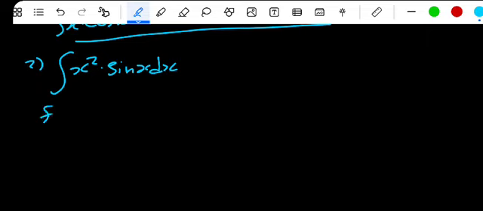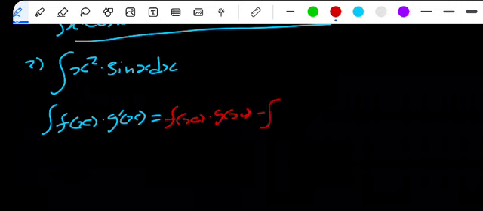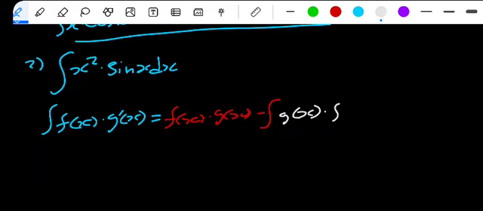The integral of f of x multiplied by g prime of x must be equal to f of x multiplied by g of x minus the integral of g of x multiplied by f prime of x dx.